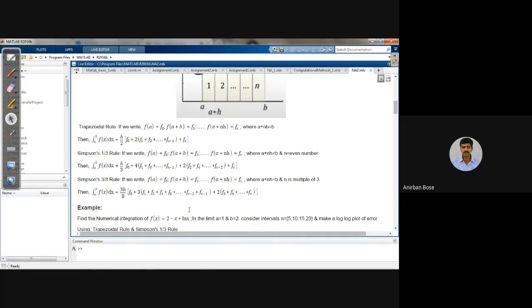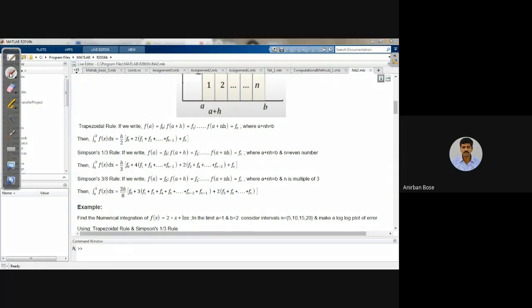Now, exactly in a similar way, if you do it for Simpson's 1/3 rule or Simpson's 3/8 rule, you will get this kind of formula. In Simpson's 1/3 rule, it will be h by 3 into f0 plus 4 into (f1, f3, ... fn minus 1).